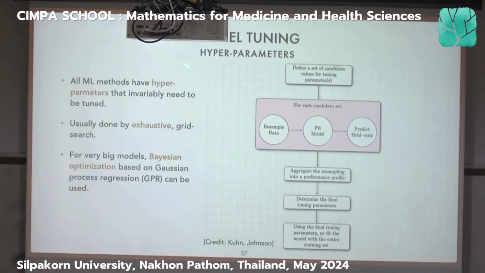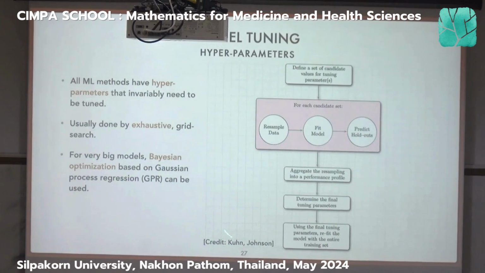So these hyperparameters always have to be looked at, and usually what one does is what's called an exhaustive grid search. You give intervals of values for the hyperparameters. Say a method has 3 hyperparameters, so you give 10 values for each, and you have 10 by 10 by 10, 1,000 models to compare. And then you do some kind of cross-validation.